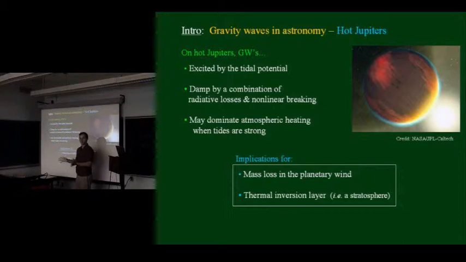So the planet sort of circularizes, the orbit circularizes on about 10 to 7 years. Other way around. It'll synchronize first on about 10 to 7 years, then circularize about 10 to 8 years. So during that period, early in the life of the planet, it will experience the strong tidal potential that will be exciting gravity waves that may propagate upward into the atmosphere and dominate the heat budget there.